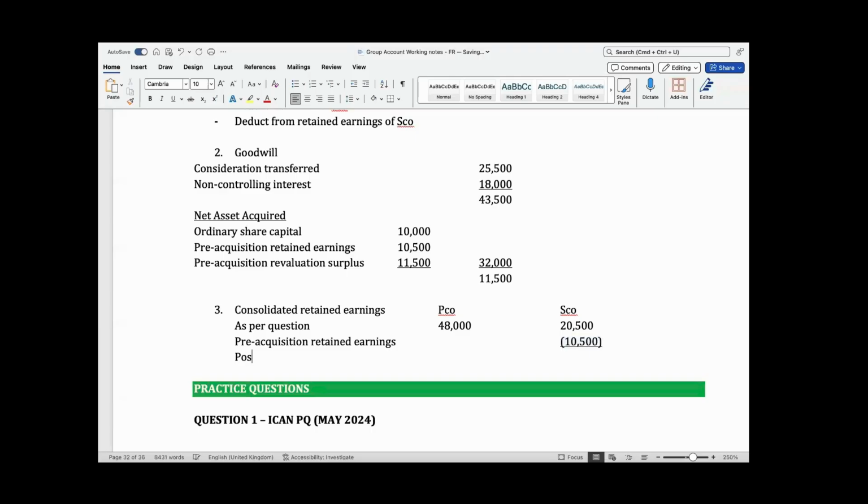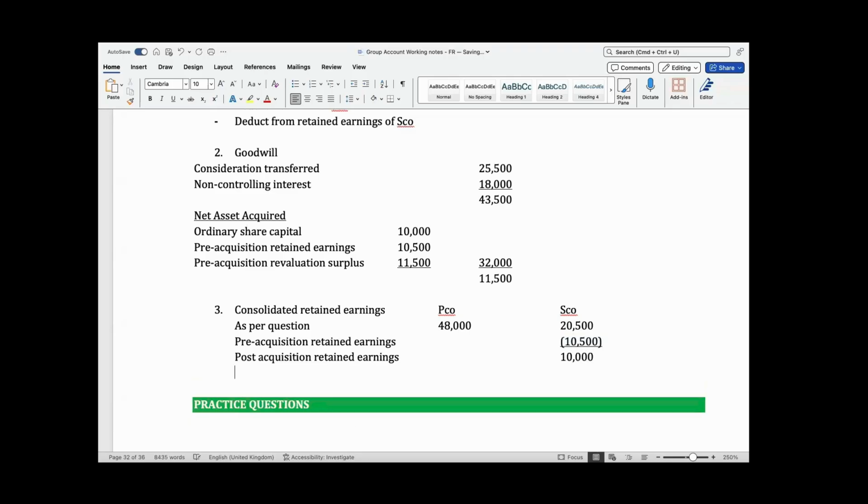What's the post-acquisition retained earnings? 10,000.